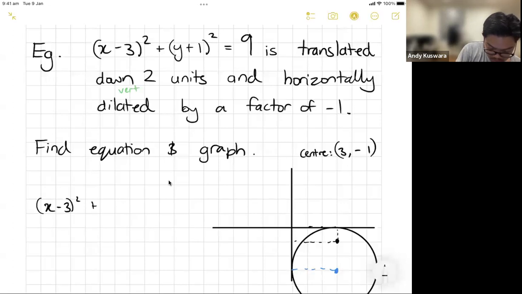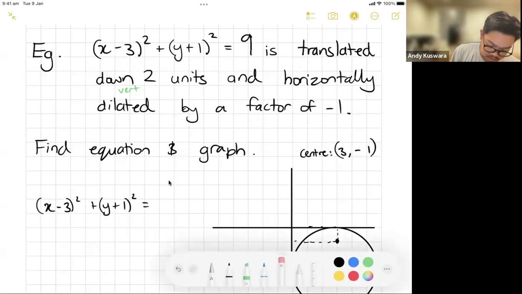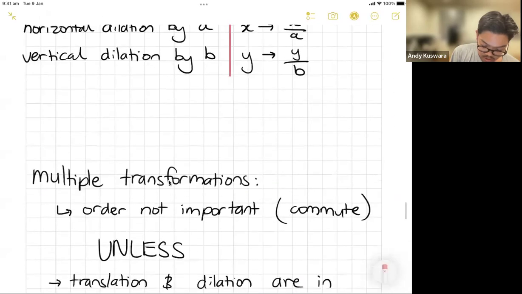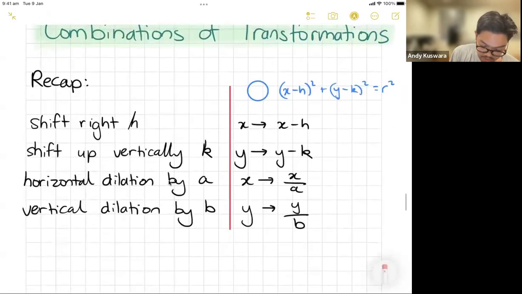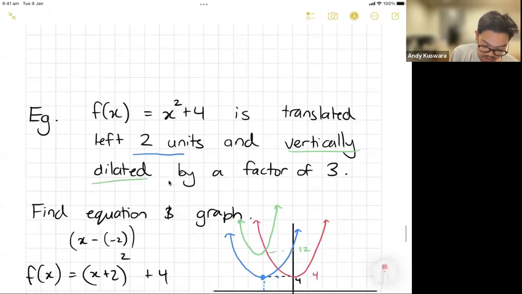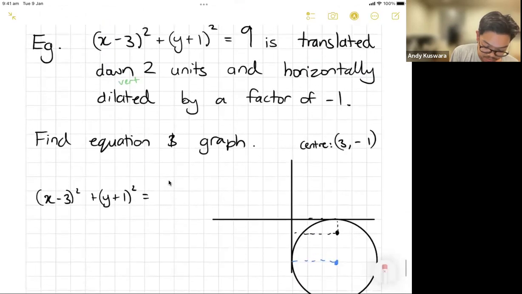We have (x minus 3) squared plus (y plus 1). If I'm moving it down, that's a great question. What did we say? If we're shifting up vertically, it's y minus k. So in this case, it's going to be y plus k.